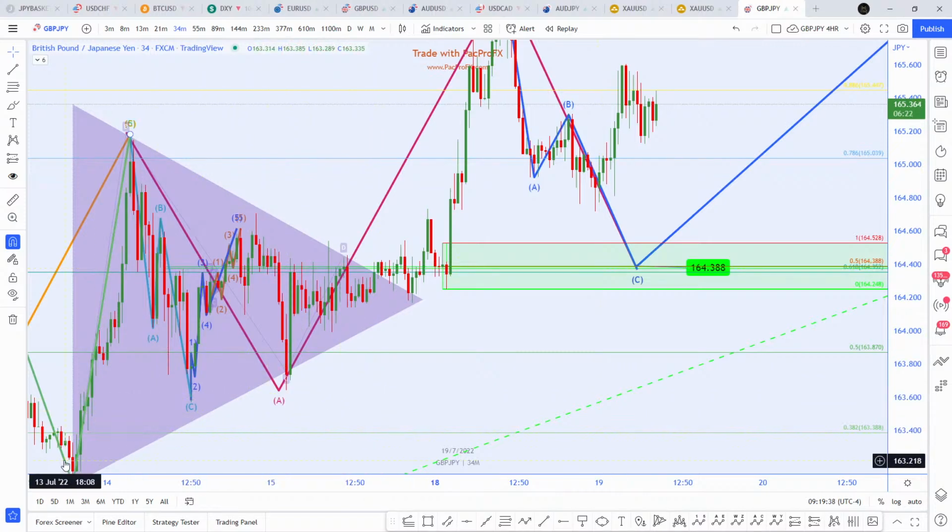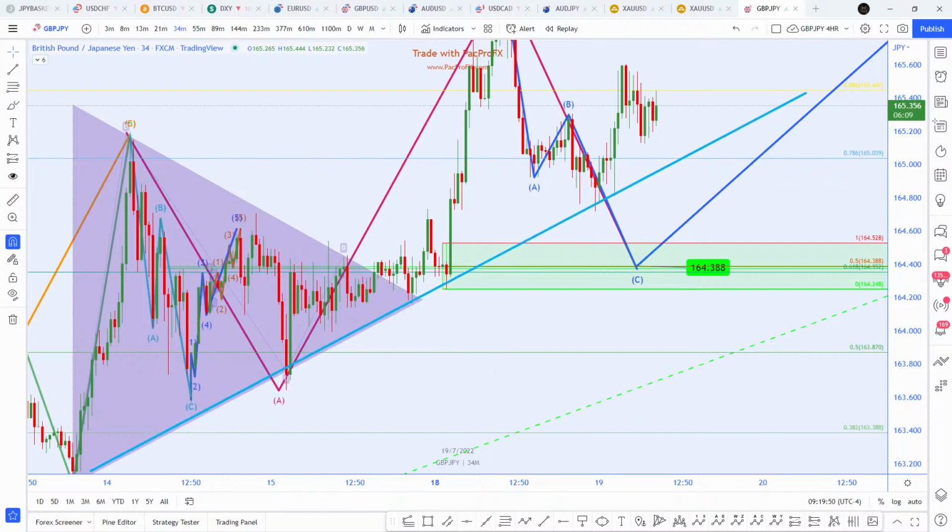Okay, so this did not take out the lows. These lows are still here, see it? These lows did not take out the lows. They actually were pushed back heavily. You see the wicks. So that means that this is probably the lowest you're going to get right now.